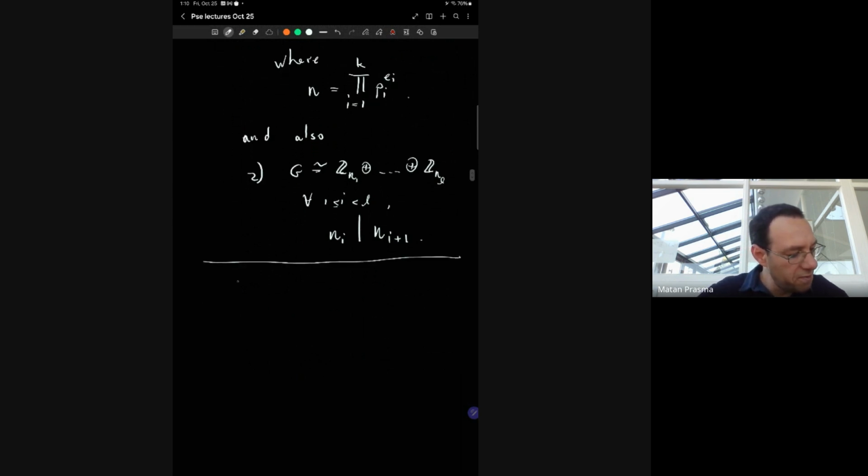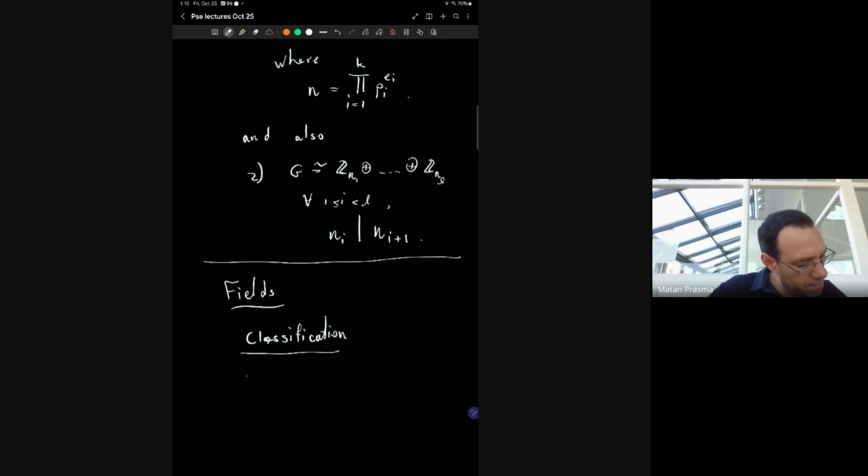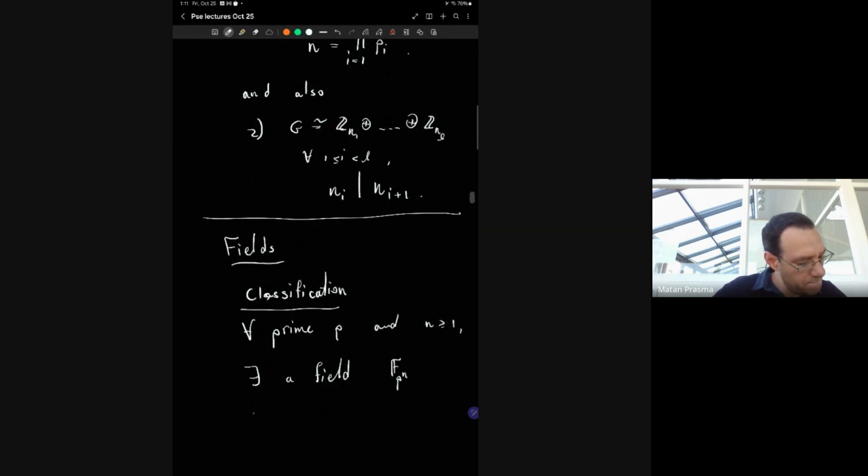And then we went to fields, and here as well we had a classification result, which means that for any prime p and a positive integer n, there exists a field, which is denoted F p to the n, with p to the n elements.